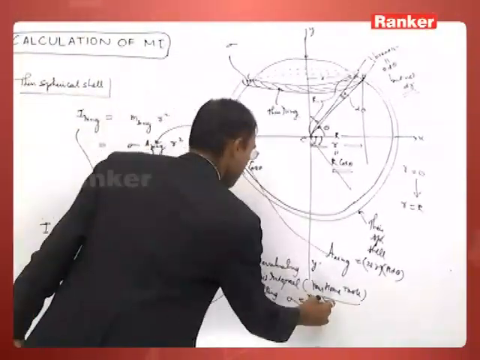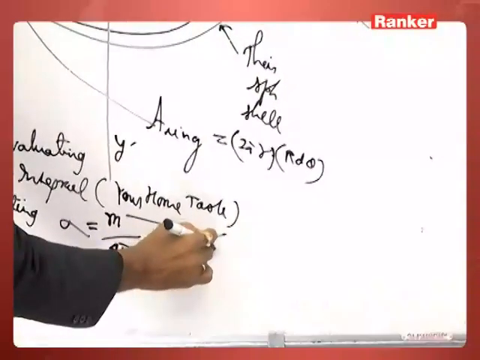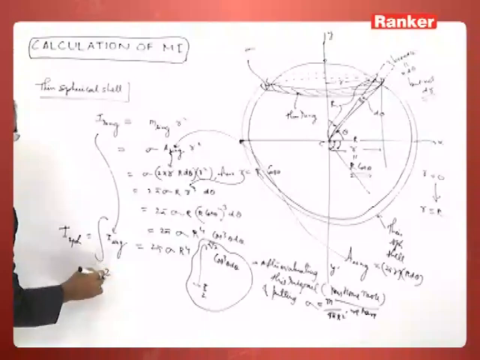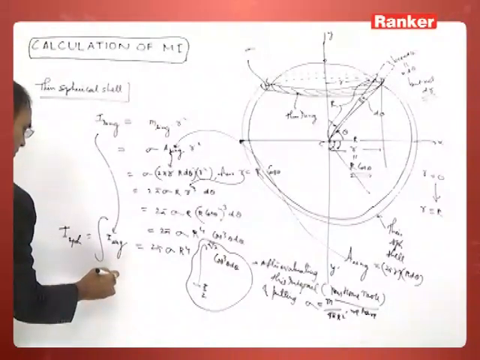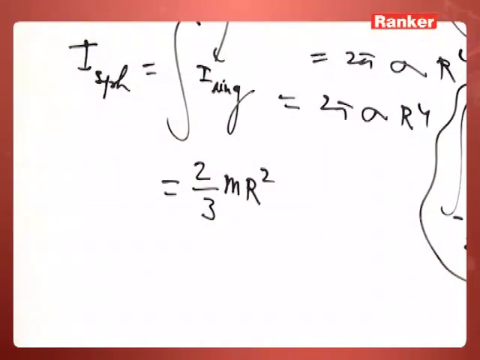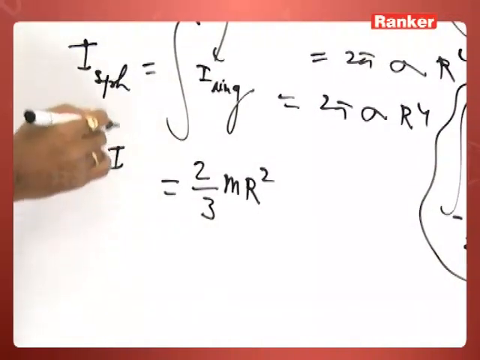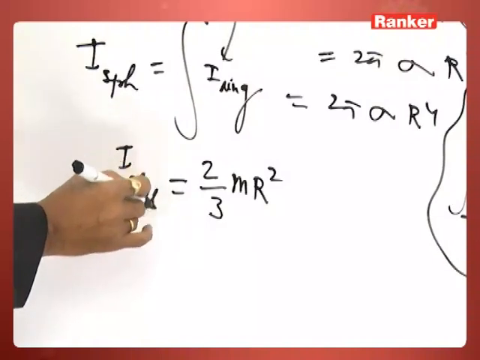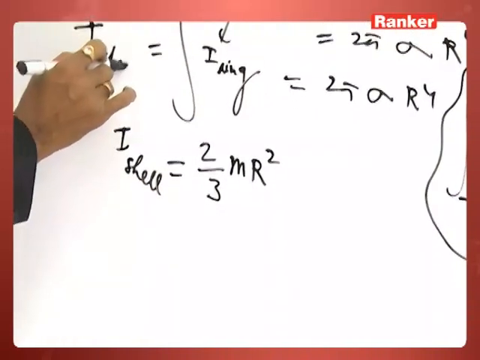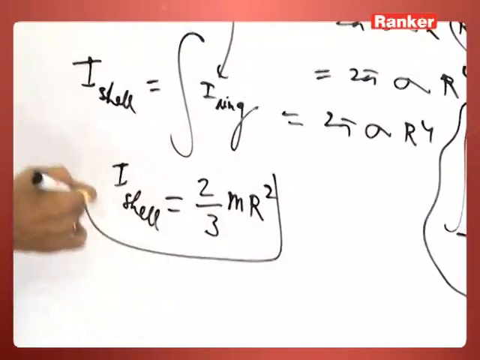We have two by 3 m r square. This is for the spherical shell, thin spherical shell.